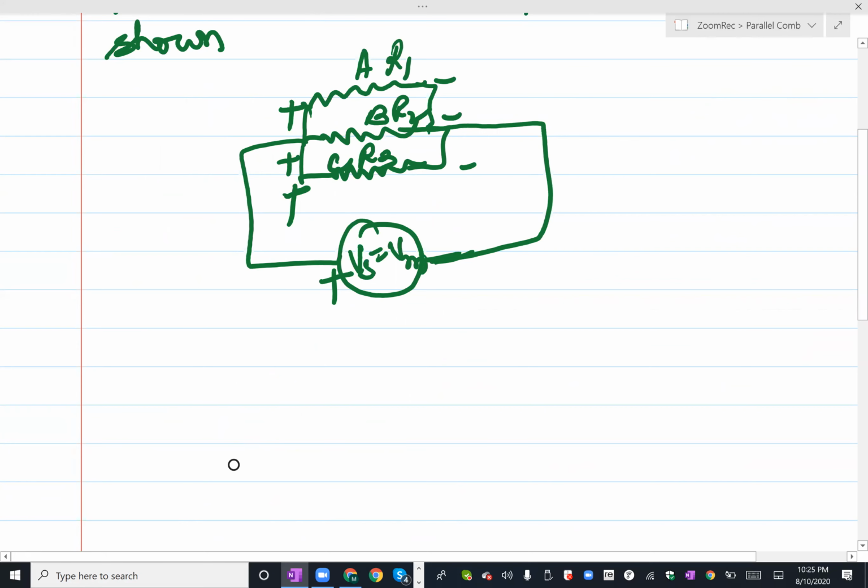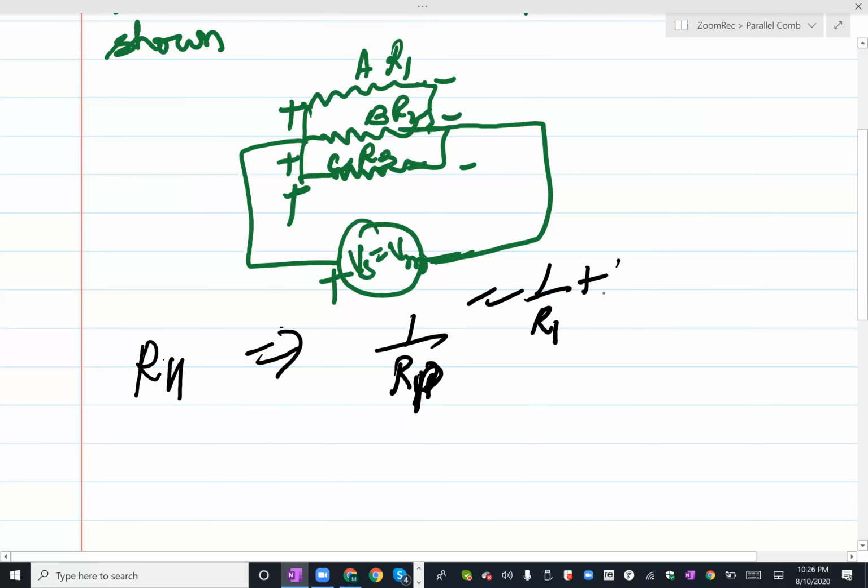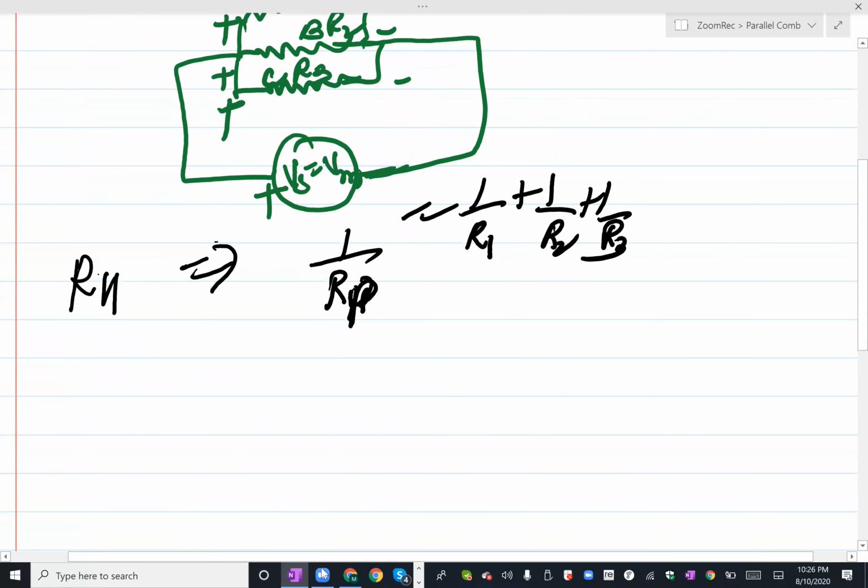So it is R parallel, not Rs, and 1 by R parallel is equal to 1 by R1 plus 1 by R2 plus 1 by R3. That will be the case for 1 by Rp.